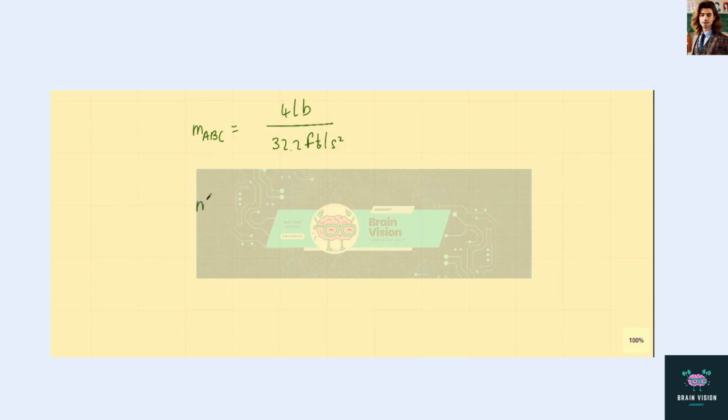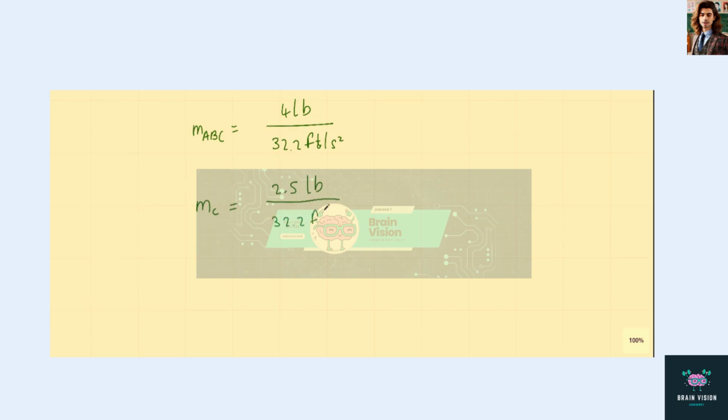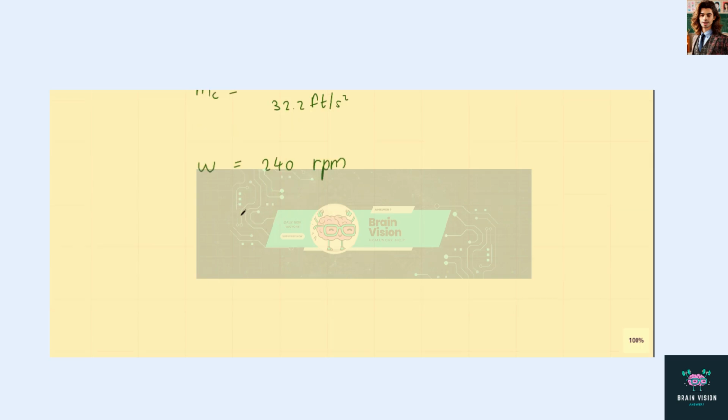We're also given the masses of disks A and C, which is, again, its weight, 2.5 pounds, over g, 32.2 feet per square second. And finally, the angular rotation of the rod after the impulse is 240 revs per minute, which works out to 8 pi radians per second. Remember, one revolution is 2 pi radians.